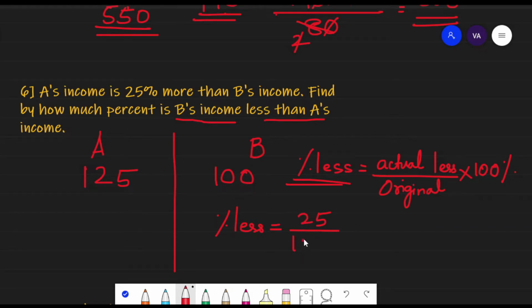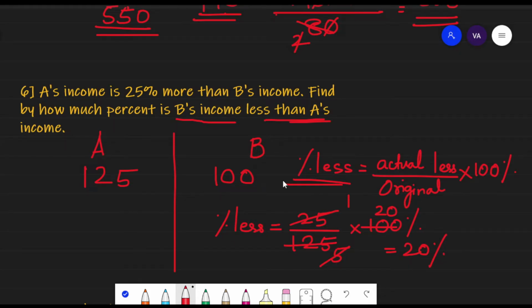So the original, that means we are comparing with A. So A's income will come down here in the denominator. So 125 in the denominator into 100%. So we have here 25, 5 5s are 25, and 5 2s are 10 and 0. So we have 20%. That means B's income is 20% less than A's income.